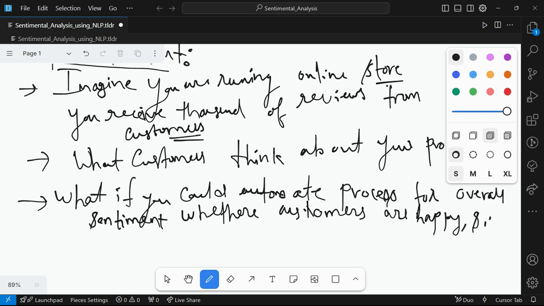So this is the kind of problem statement that sentiment analysis is all about. I hope this gives a broader picture of the problem statement.